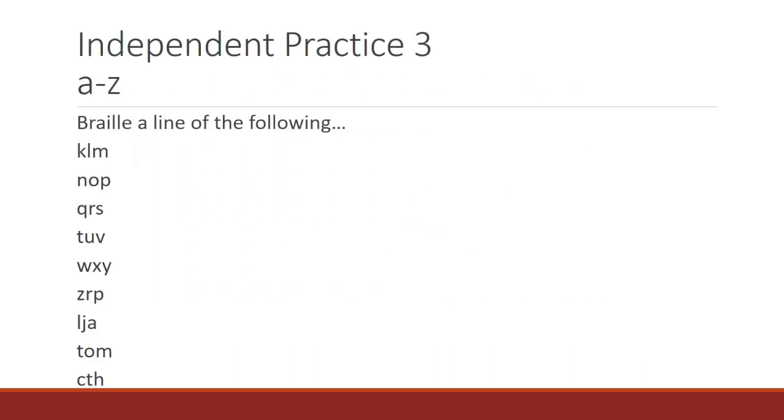Here is independent practice 3 for the letters A to Z. Braille a line of the following groupings of 3 letters: KLM, NOP, QRS, TUV, WXY, ZRP, LJA, TOM, and CTH.